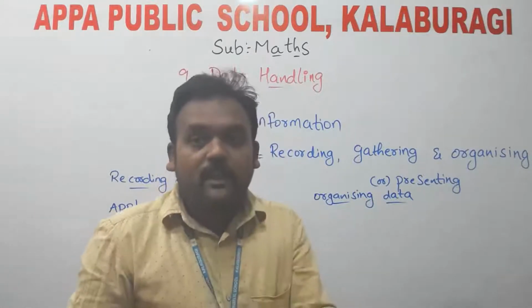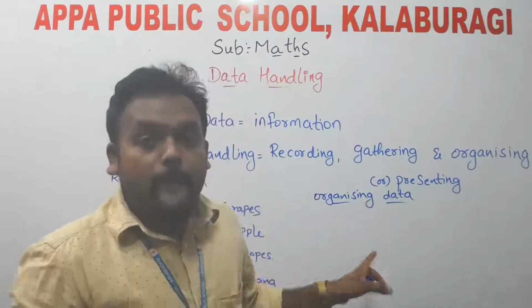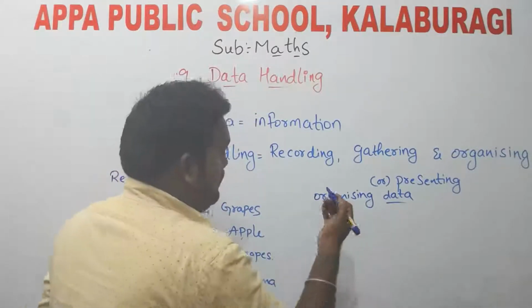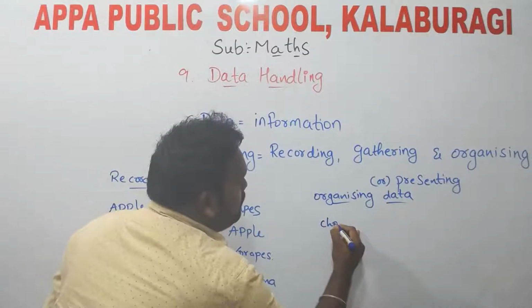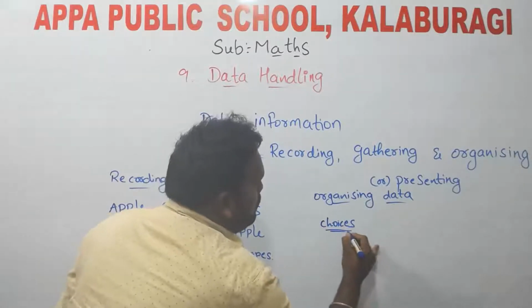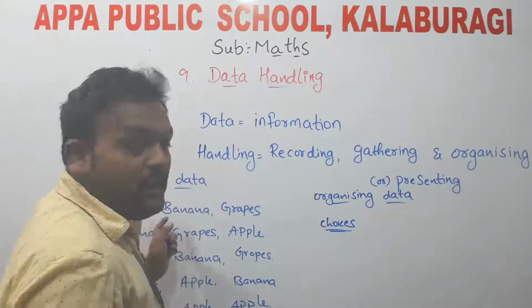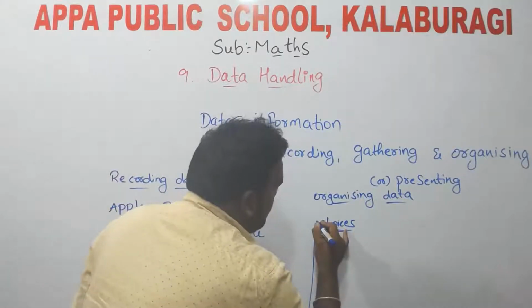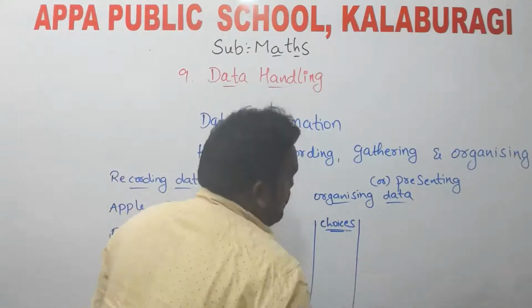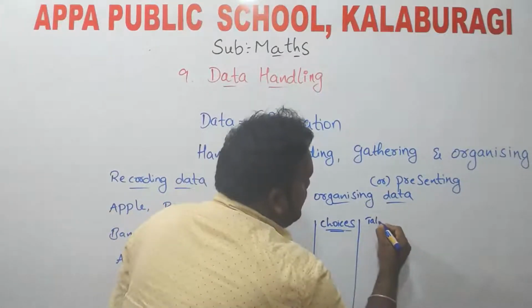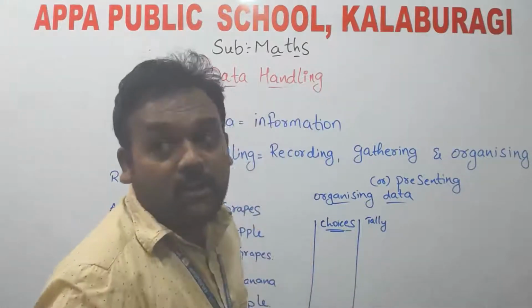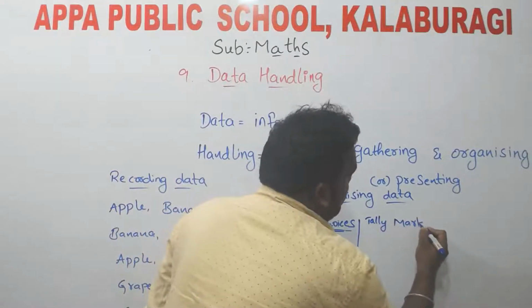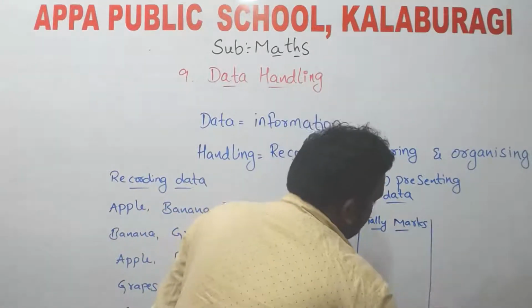There are three choices: apple, banana, and grapes, so make it a column. The second column is tally marks.